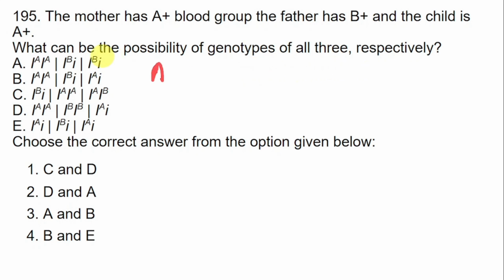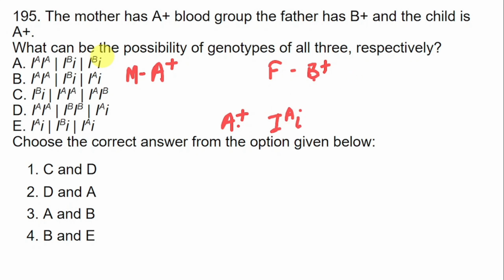Here, this is mother, father is B positive, and the child is A positive. Because the child is A positive and the father is B positive, this indicates that the child is heterozygous for I gene.